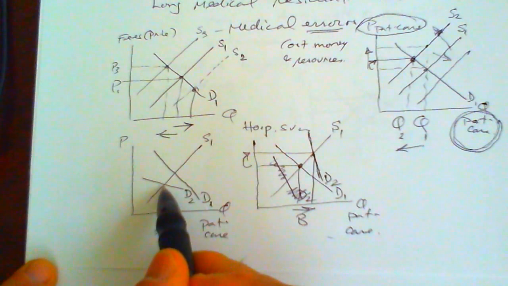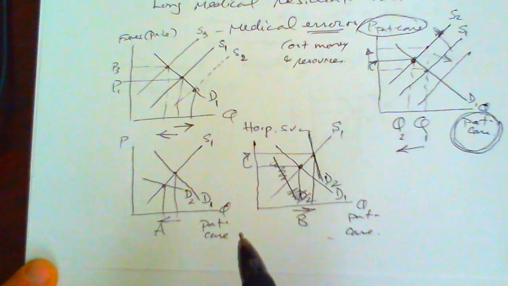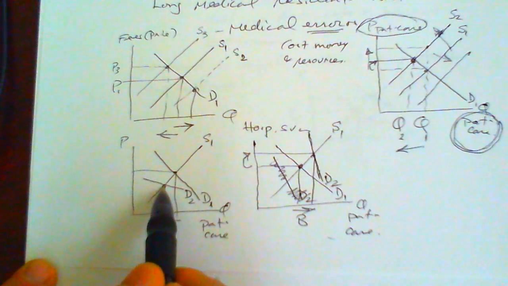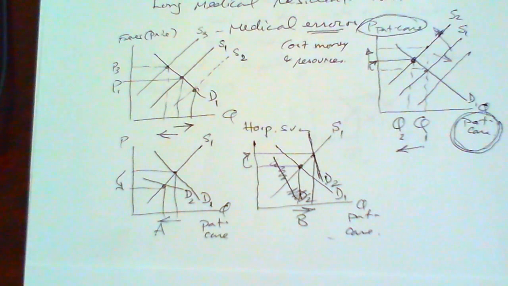While in the other case, their market share will shrink, and they have to lower prices to attract more consumers or more patients. So you could use this tool to analyze the impact of a host of issues and predict the outcome in terms of the price and the quantity in the marketplace. I hope this helped to some degree.